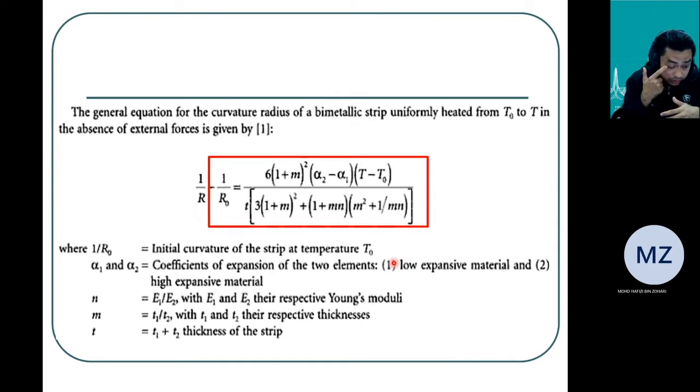It totally depends on what kind of value we want to insert inside this equation to form the correct size of bimetallic materials. So this is actually a very general equation as a guideline for us to design the bimetallic materials.